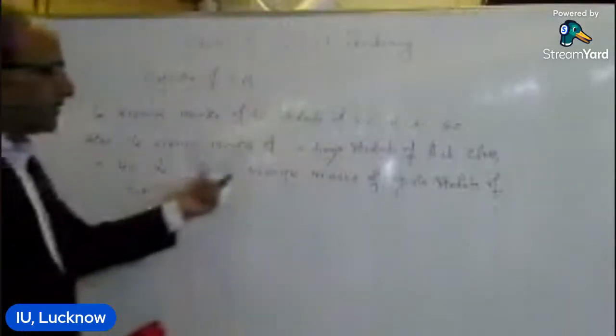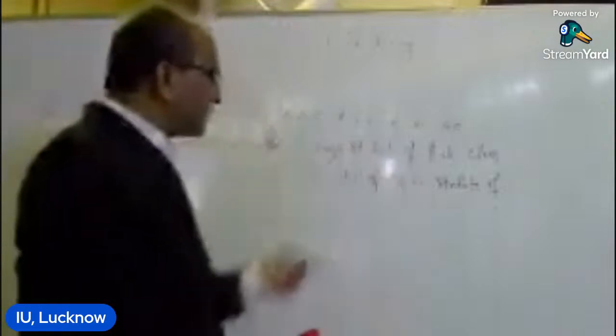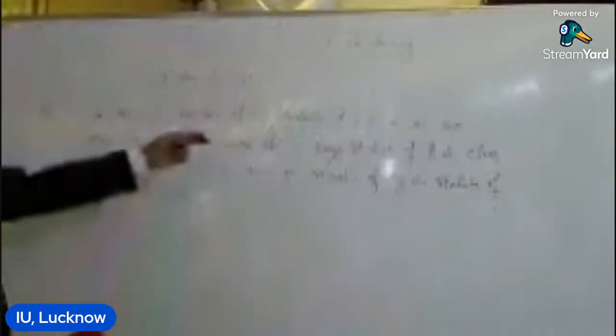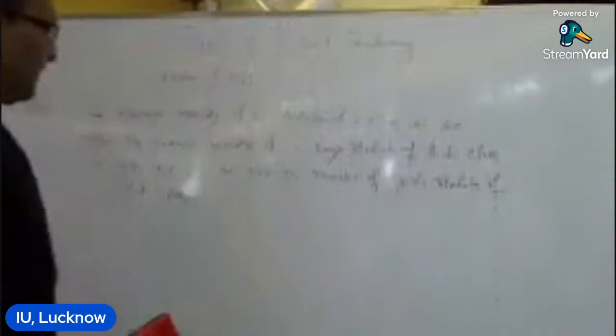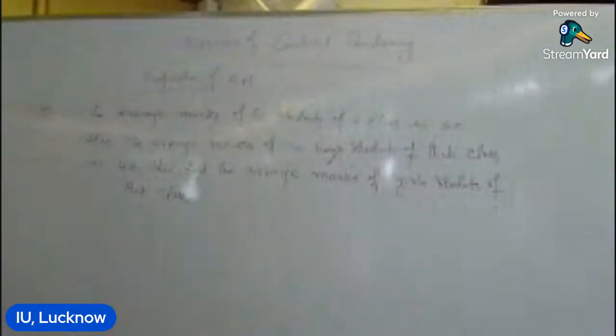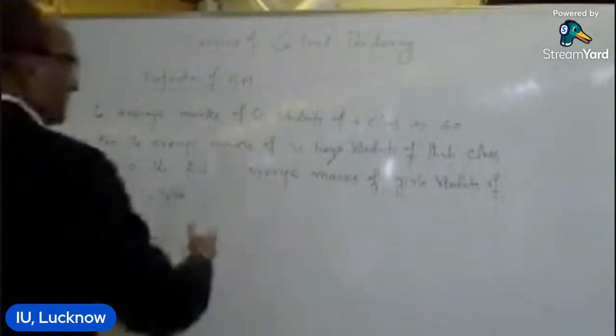So find the average marks of the girls students of that class. Obviously, the total students are 50, in which 30 are boys, then the remaining will be girls students. So there are 20 girls students.